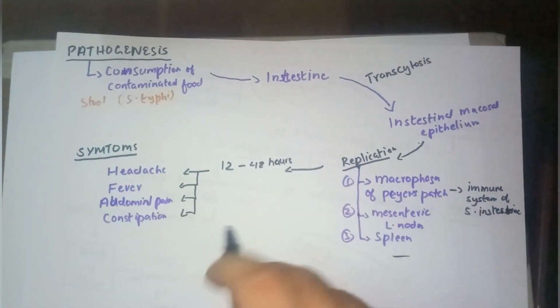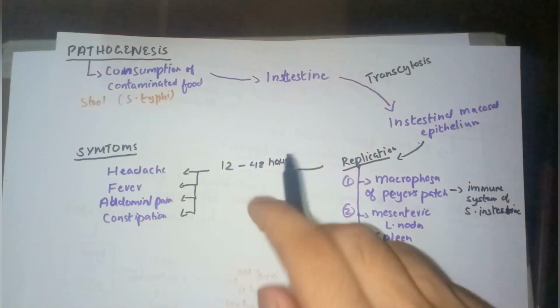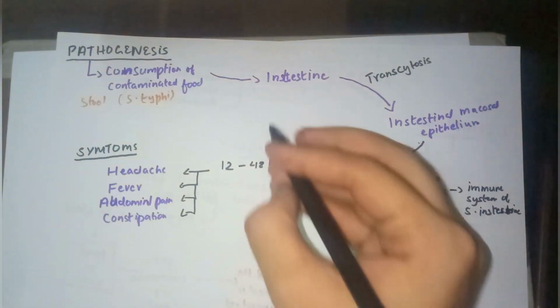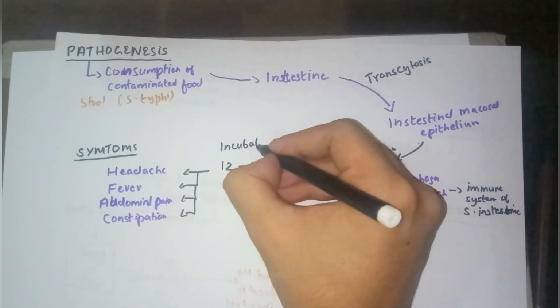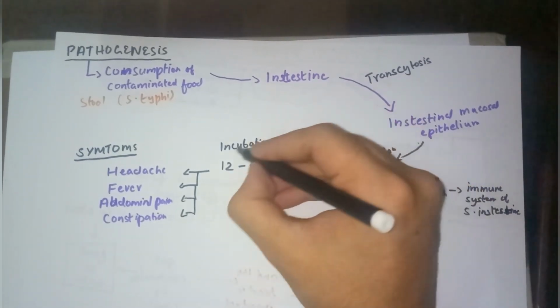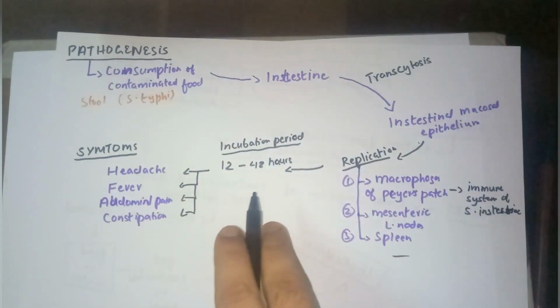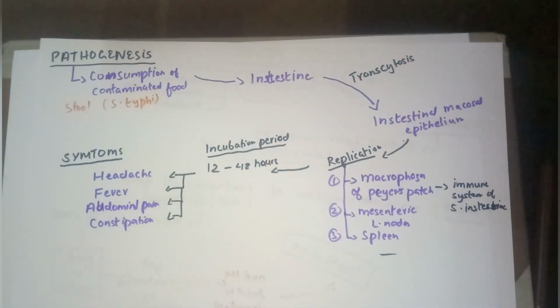So after its incubation period, if it is inside the body for 12 to 48 hours, this is known as the incubation period, the time which bacteria take to produce the symptoms. Okay, so its incubation period is 12 to 48 hours. So after this incubation period, it will start producing headache, fever, abdominal pain, and constipation.